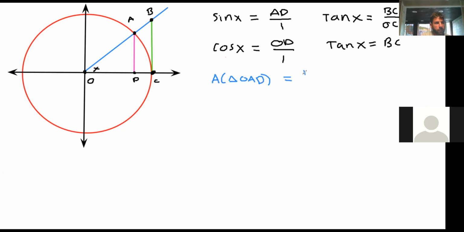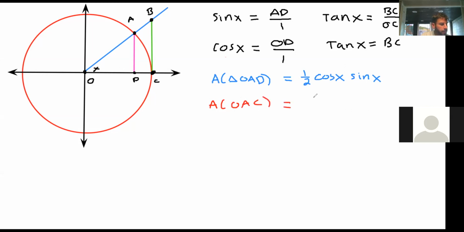So it's 1/2, and then the base is cosine, that's OD, times the height, which is the sine. And then what's the area of the sector, which I'll call OAC?